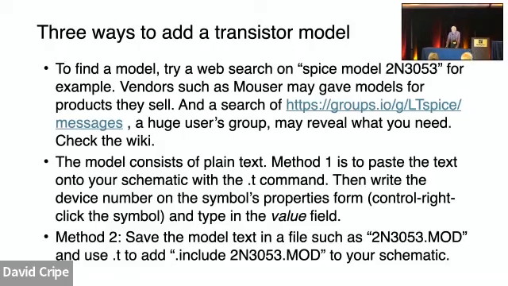As far as how to use it with the transistor, say 2N2053. The SPICE model just consists of plain text. So you can take that text and paste it onto your schematic with that dot command. And then when you put a transistor symbol on, you have to right-click it, and where the value field is, you would type in the name for the transistor.